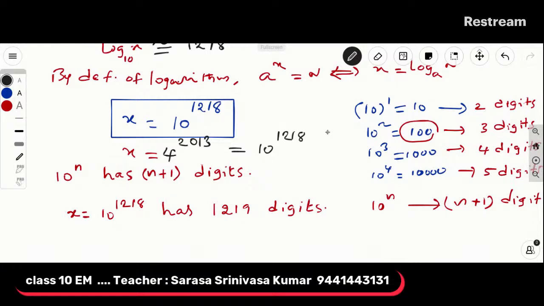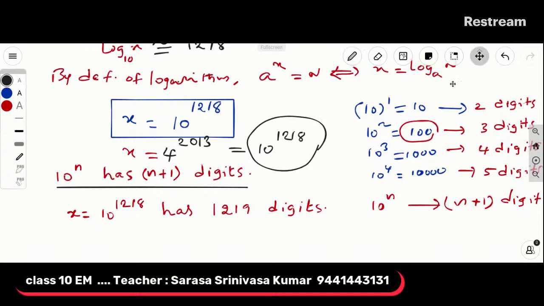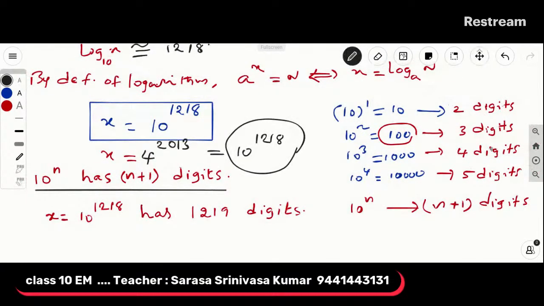So that means the base 4 is converted to base 10 here, because we can find the answer with the base 10 very easily. So we used this property, 10 to the power of n has n plus 1 digits. We can write it very clearly, and we can understand it with the help of examples. This is how we proved the result. Hence, the result is proved.